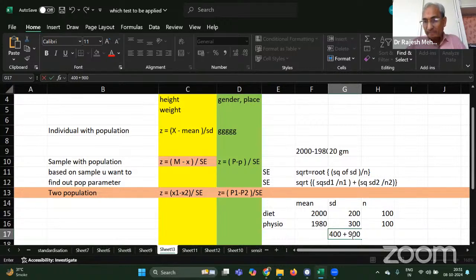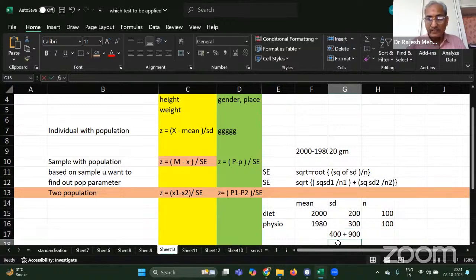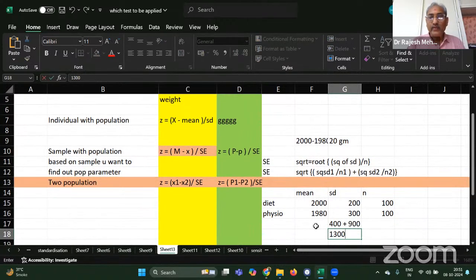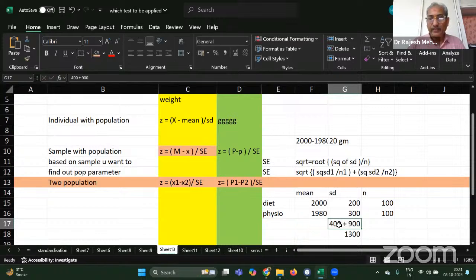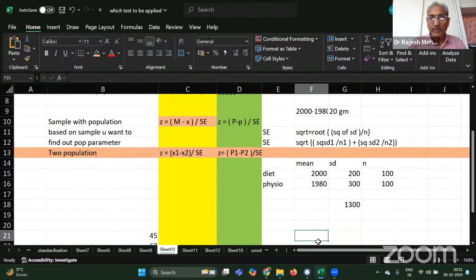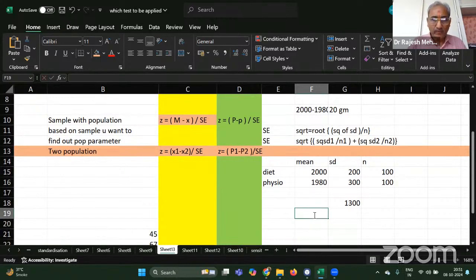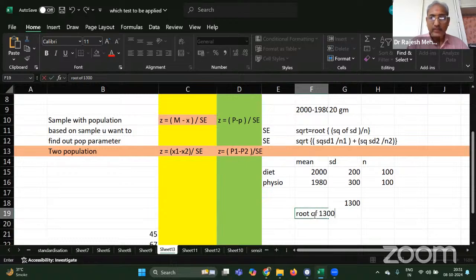We make a total of it, that is 1300. And if you take the root of 1300, that will give you the standard error of difference between two means. So root of 1300 you need to take.